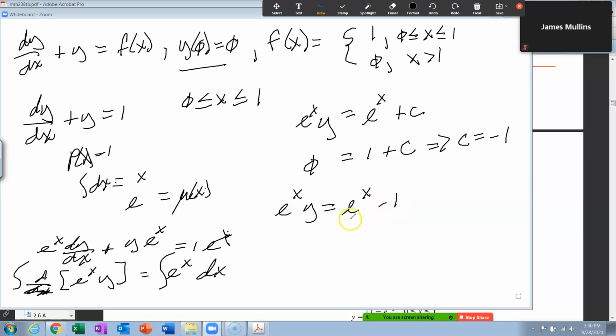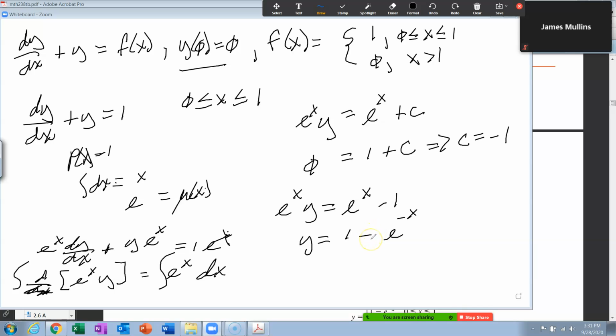And let's multiply everything by e to the minus x to get rid of this. So you get y is equal to 1 minus e to the minus x. Okay.